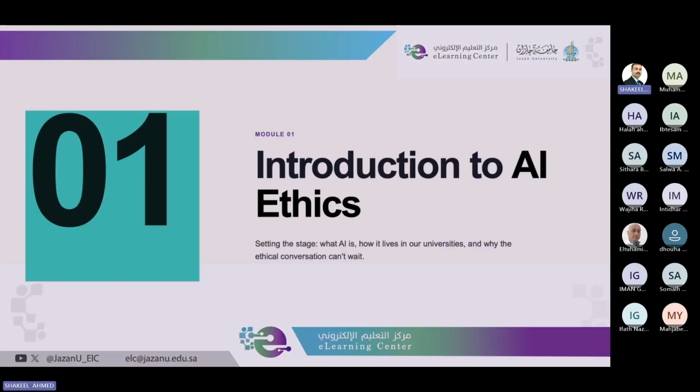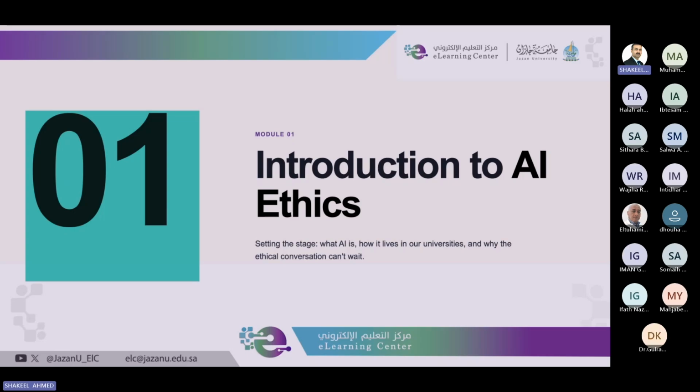Module one, that is definitely introduction to AI ethics. We need to learn what AI ethics are and how we can go through with them. So before we can talk about how to use AI responsibly, we need to get clear on what AI actually is, how it has made its way into our universities, and why this conversation matters right now.